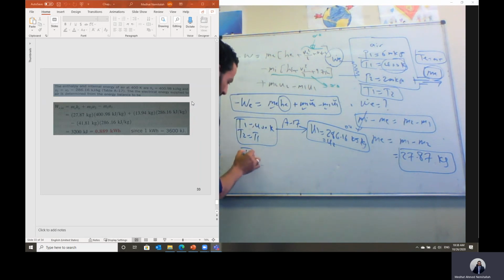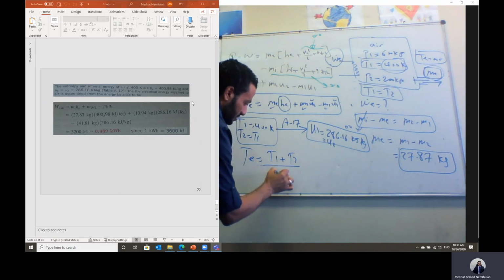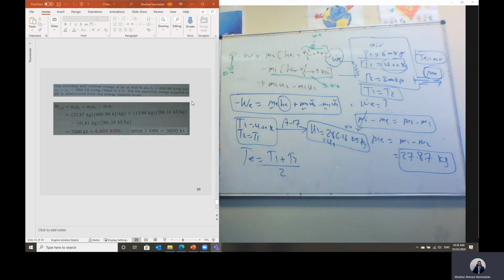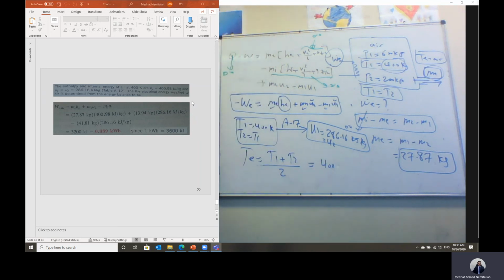In this case, we can say T_exit will equal T1, the initial temperature, plus the final temperature, divided by 2. In this case, T1 is the same as T2, so the average temperature between the initial and final temperature will be the same as 400. But if it is different, I will take the average value of T1 and T2, then I can get the average temperature for the flow that is leaving this system.